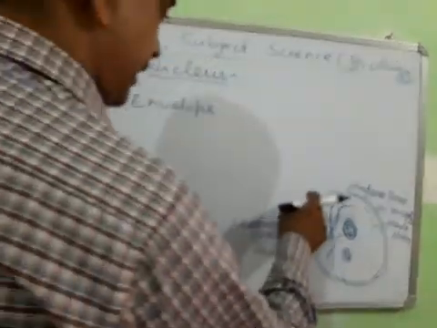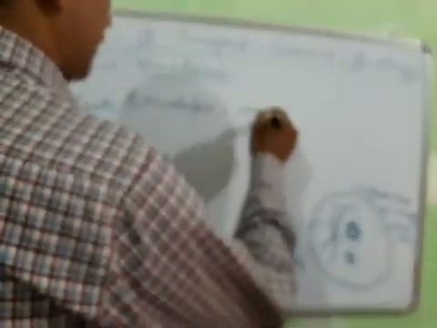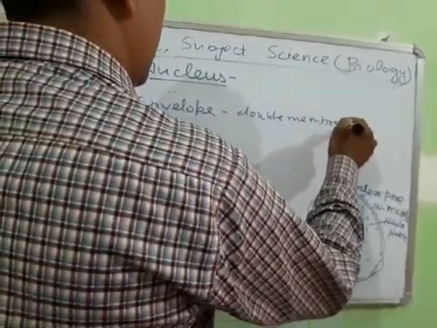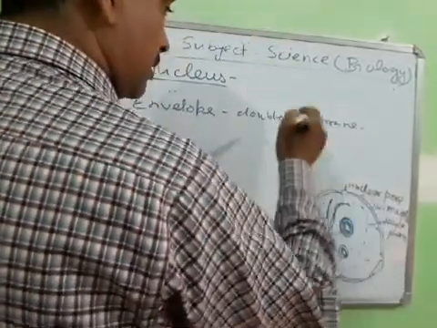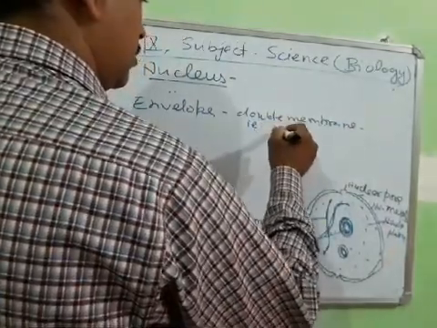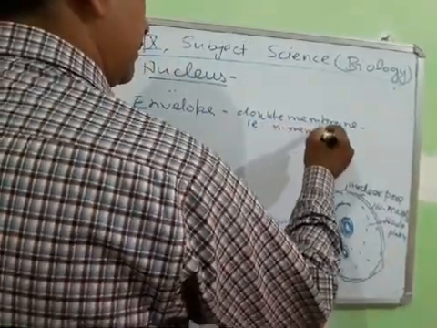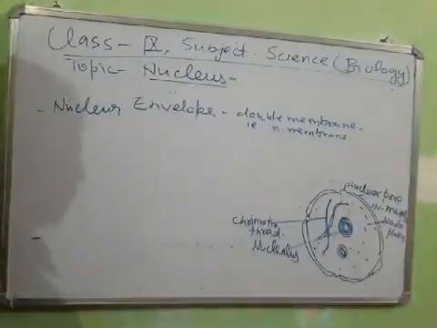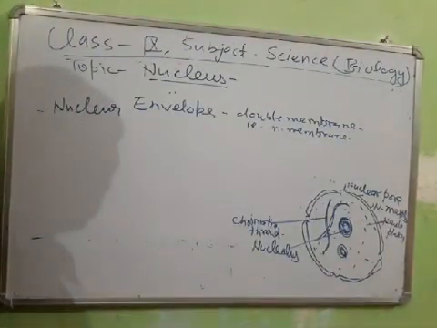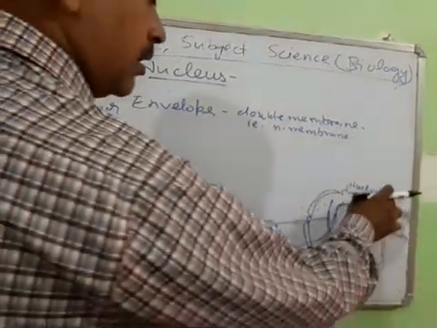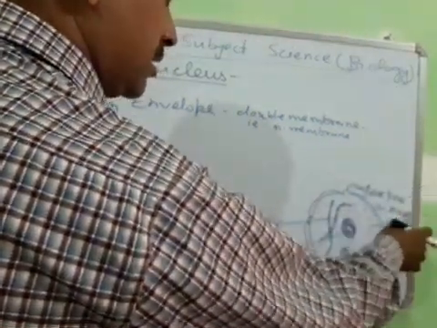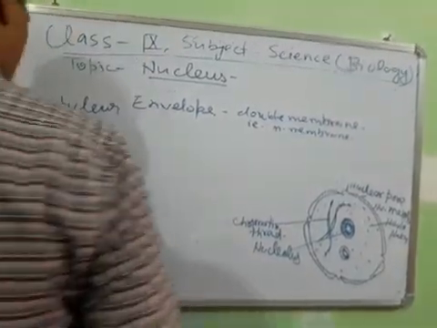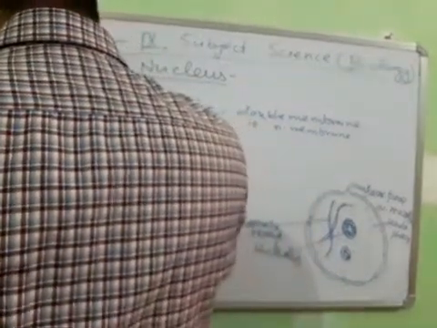So it is just like a double membrane, also called nuclear membrane. What is the work of the nuclear membrane? It prevents the cytoplasmic organelles from entering the nucleoplasm. Okay, you can write down.